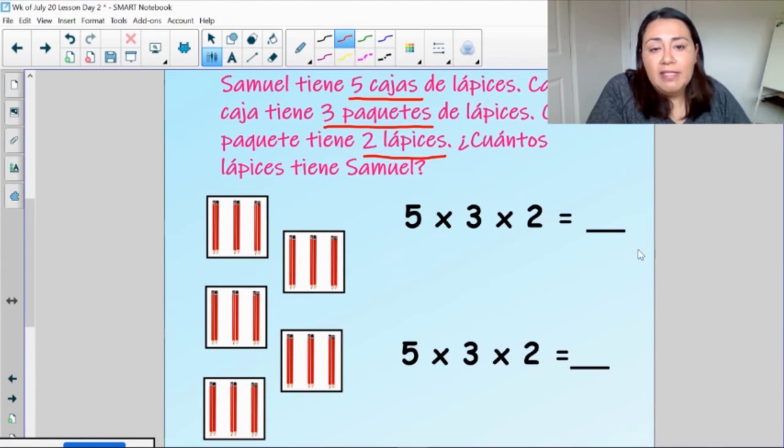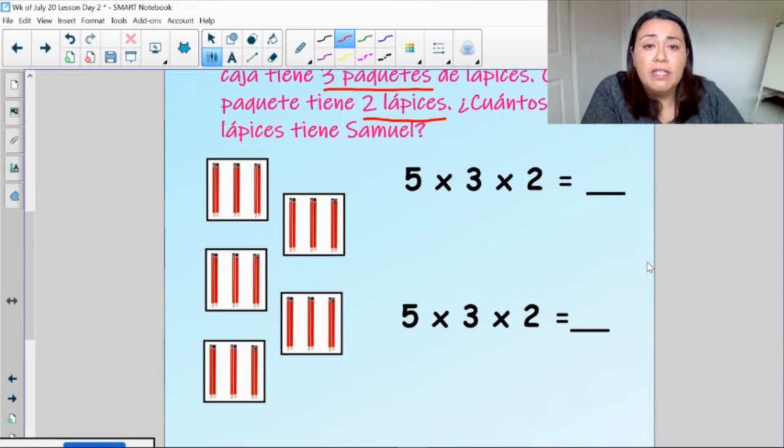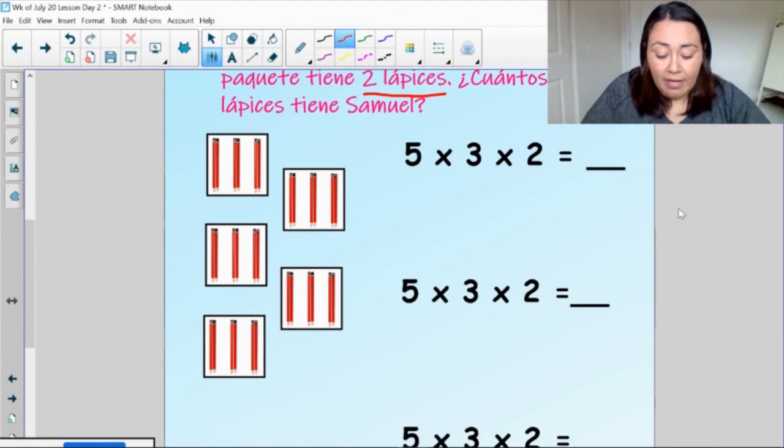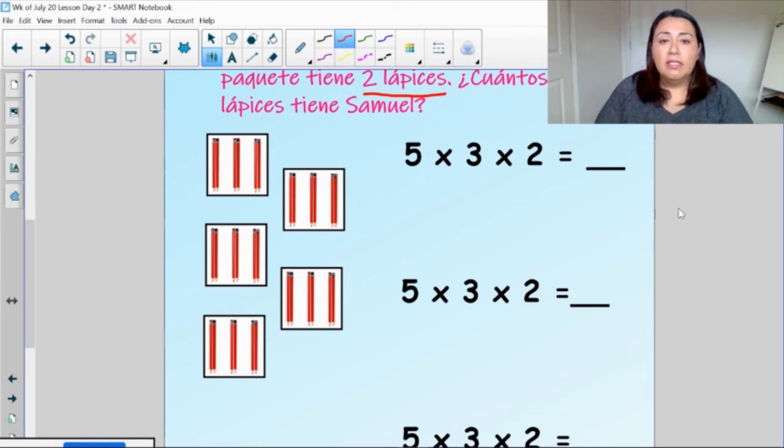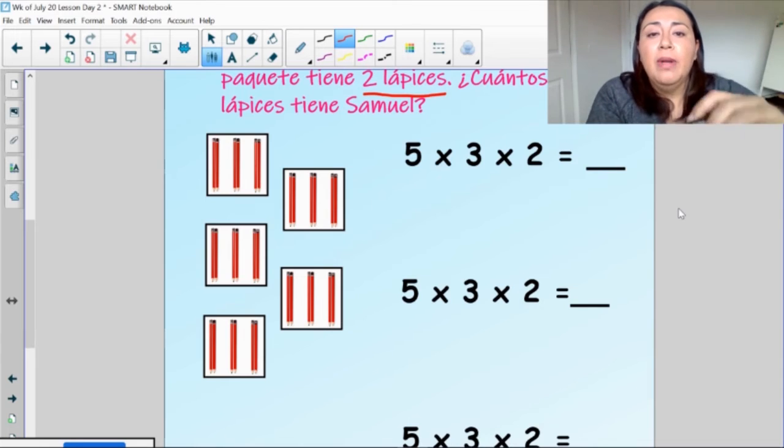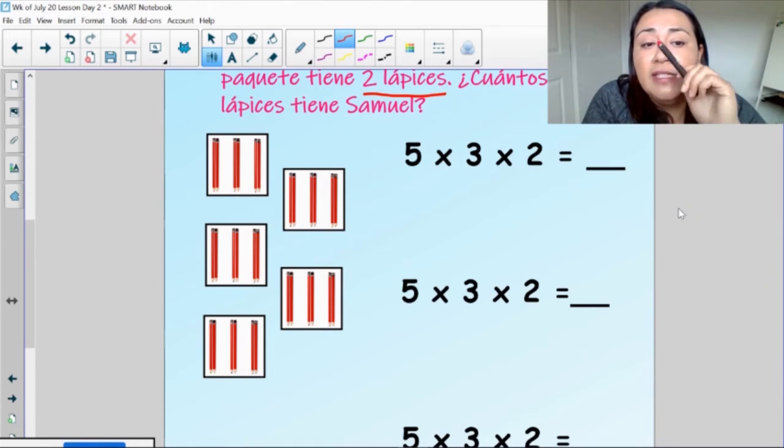Hay 3 maneras diferentes de que podemos usar la multiplicación para resolver este problema. Vamos a ver la primera. La primera nos dice que podemos multiplicar para hallar el número de paquetes primero, ¿ok? Entonces, híjole, 5 por 3 por 2, no sé qué hacer. ¿Cuántos paquetes de lápices hay en las 5 cajas?